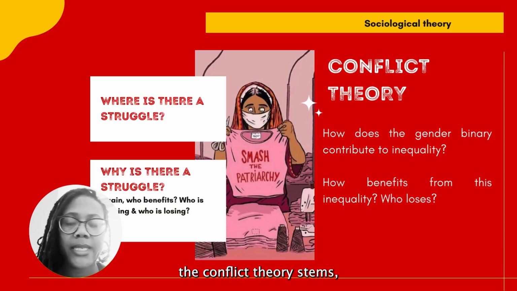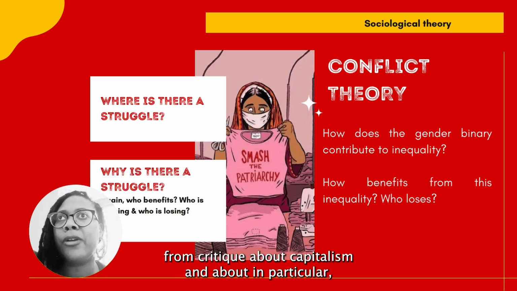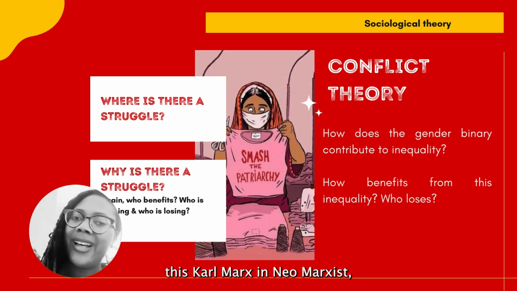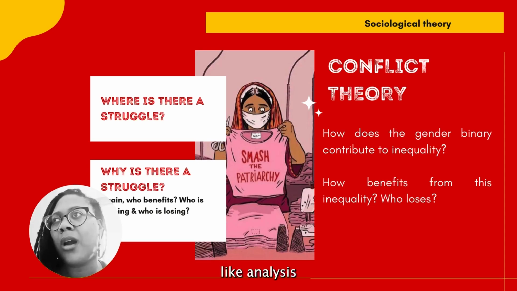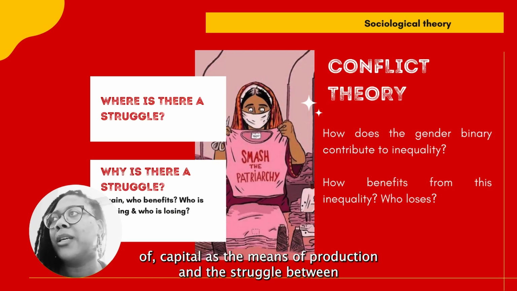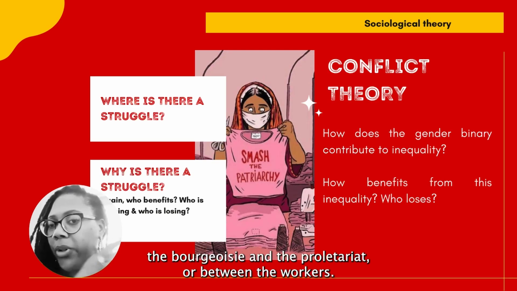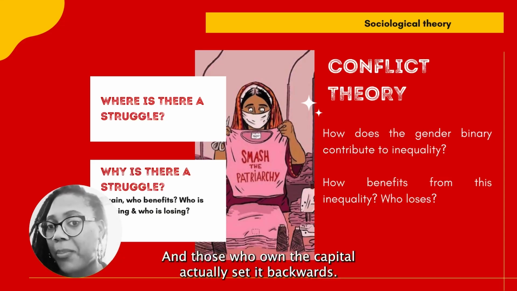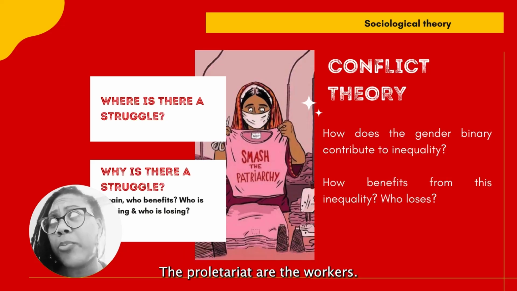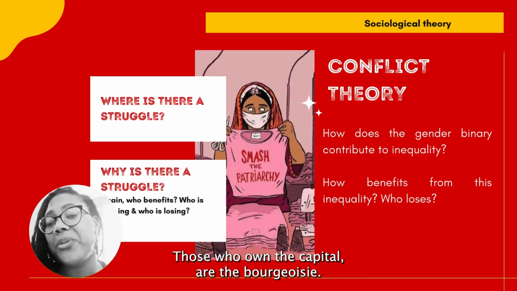The conflict theory stems from critique about capitalism and, in particular, this Karl Marxian, neo-Marxist analysis of capital as the means of production, and the struggle between the bourgeoisie and the proletariat, or between the workers, right, and those who own the capital. I actually said it backwards. The proletariat are the workers, those who own the capital are the bourgeoisie.